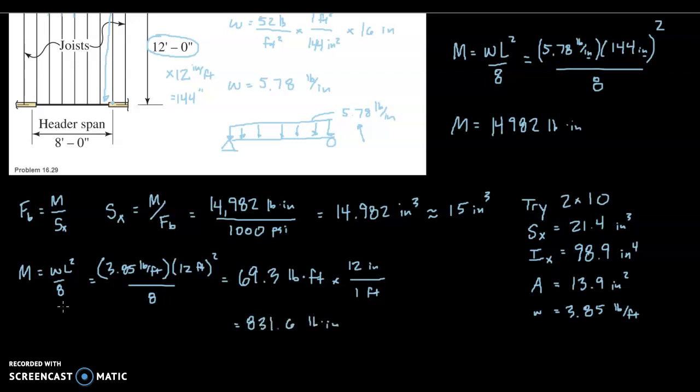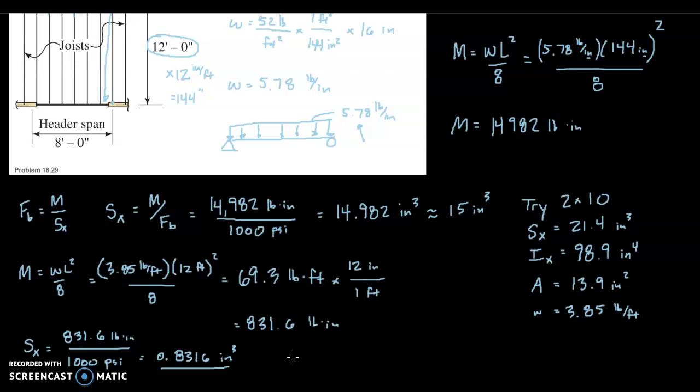So the additional section modulus required for the self-weight moment would be that moment, 831.6 pound inches, divided by the allowable bending stress of 1000 psi, and so that's going to be 0.8316. That's how many additional inches to the third I need in my section modulus.